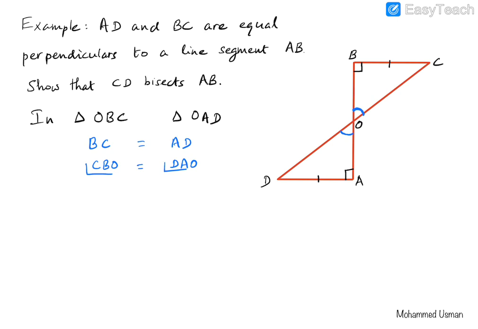These are given, both these conditions are given. The third information that we can extract from the diagram is angle BOC is equal to angle AOD. Why? Because they are vertically opposite angles.